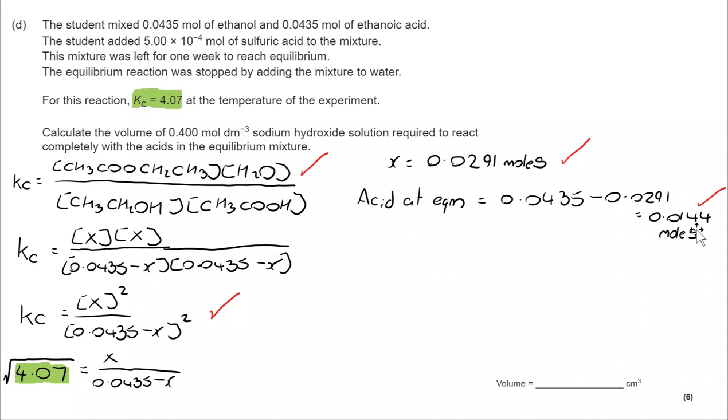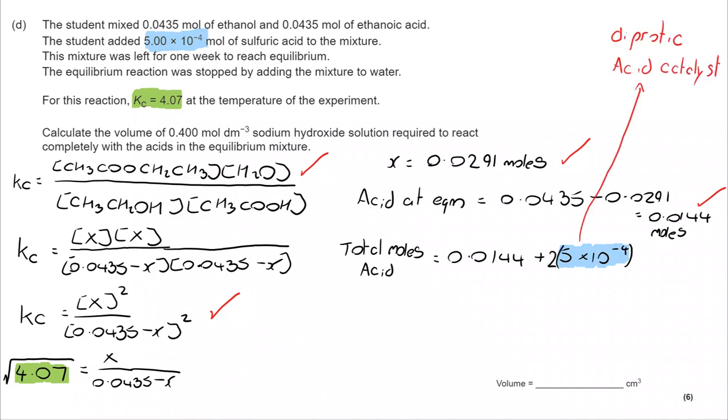I am neutralizing the remaining acid, or more specifically, acids, because we are still not quite there. We also added a tiny amount of sulfuric acid catalyst. The total moles is therefore the 0.0144 plus the moles of acid. But by acid here, we're meaning H+ ions. That's what we want. And we've now got to consider that the sulfuric acid is diprotic.